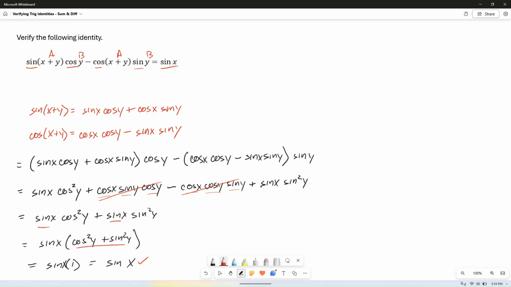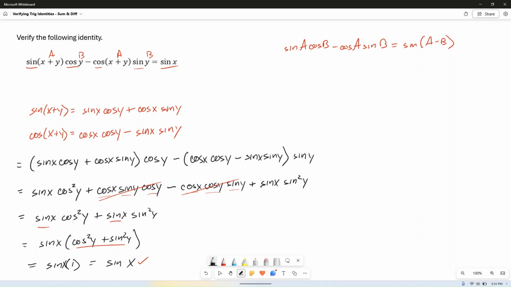So really, I could take that whole left side and rewrite it as the sine of a cosine of b minus the cosine a and the sine of b. And I know that sine cosine minus cosine sine is the sine of a minus b. So again, I could use this identity, which is a little different than the ones we used before, but it's the same family, still a sum or difference identity.